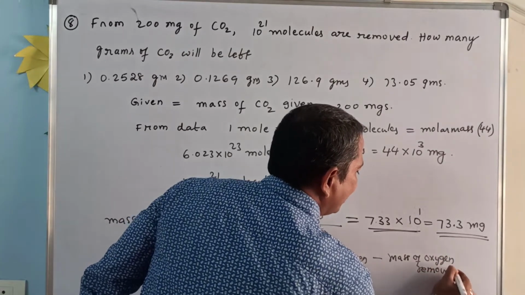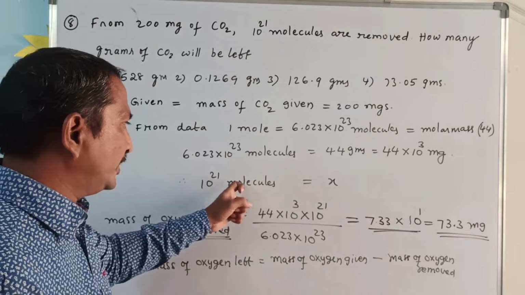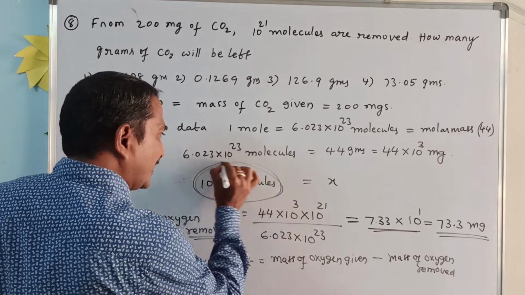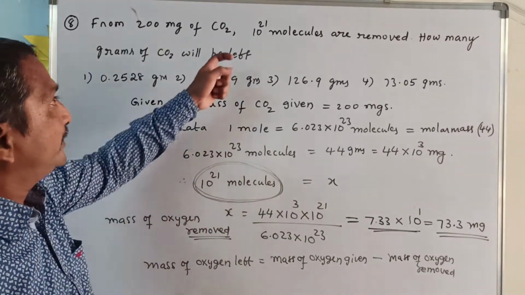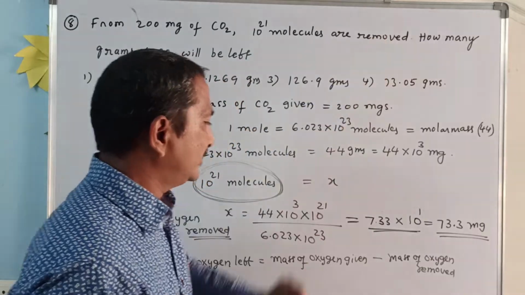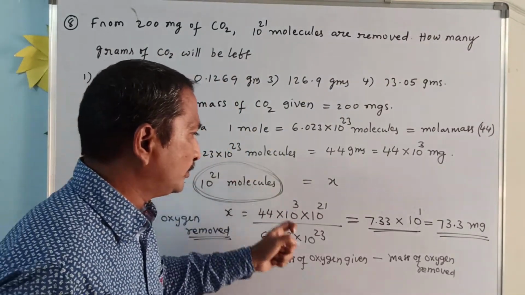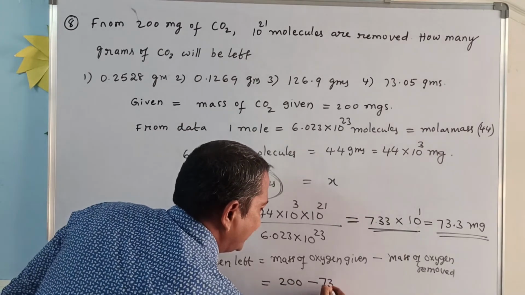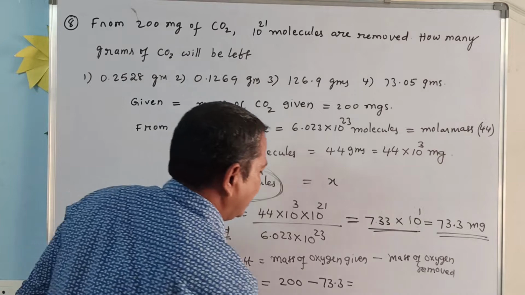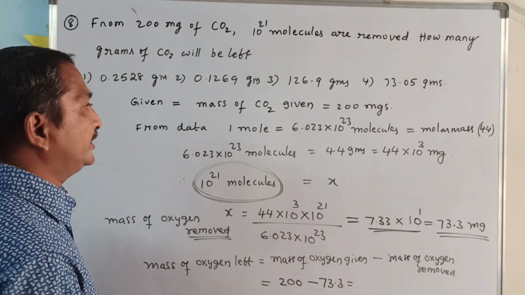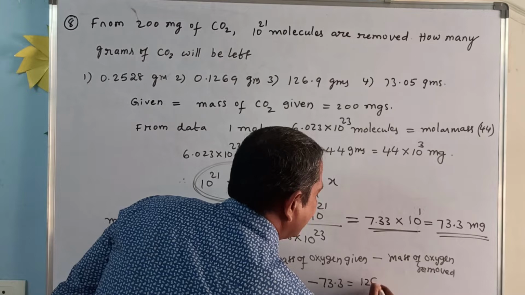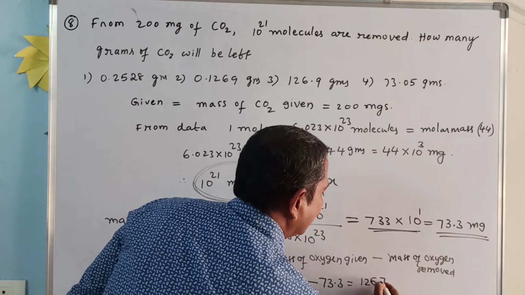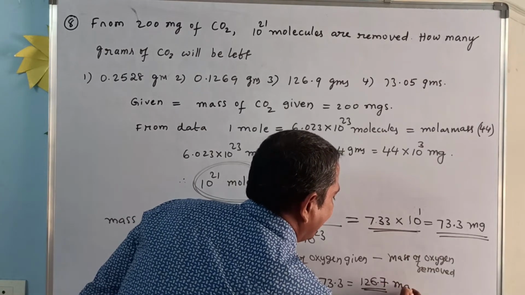How have we calculated the removed value? 10 power 21 molecules are removed, so we calculated the mass of 10 power 21 molecules, which is 73.3. So 200 minus 73.3 is nearly 126.7 milligrams.